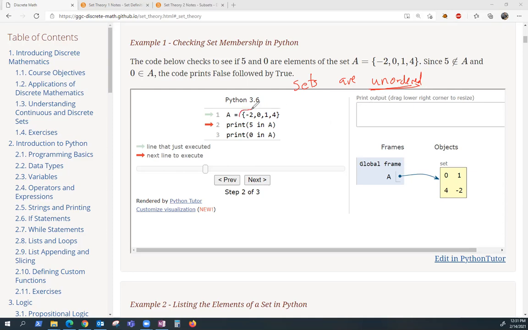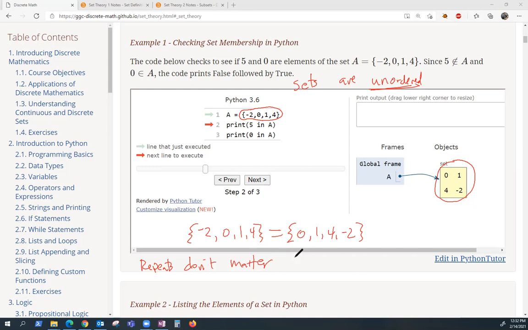Notice how I entered my set -2, 0, 1, and 4, but Python saved it as 0, 1, 4, -2. Sets are unordered. That is, if I write the set -2, 0, 1, and 4, that is the exact same set as writing 0, 1, 4, and -2. Those are identical. Those are the same sets. Order doesn't matter. Something else just to let you know about in sets, repeats don't matter.